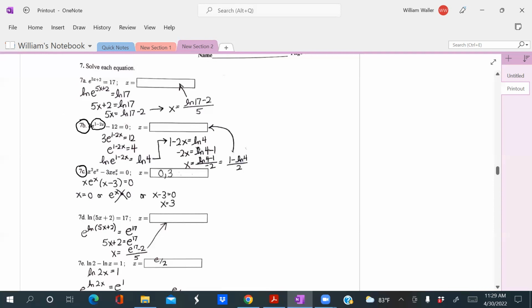But I'm going to solve this one by factoring, because on the left-hand side you can factor out both an x and an e^x, since those factors appear in both terms. So I factor out x times e^x, and what is left is an x from the first term and just the minus 3 from the second. So you have x e^x (x - 3) = 0.